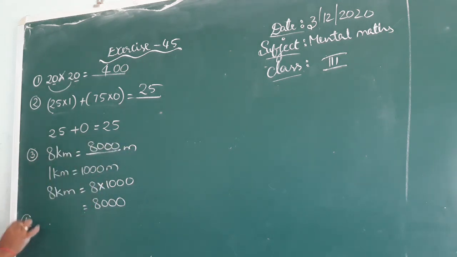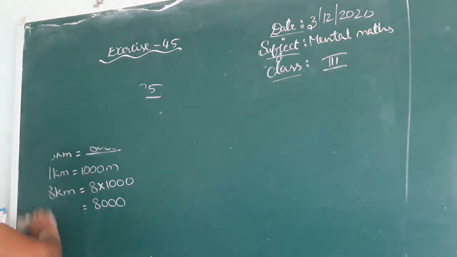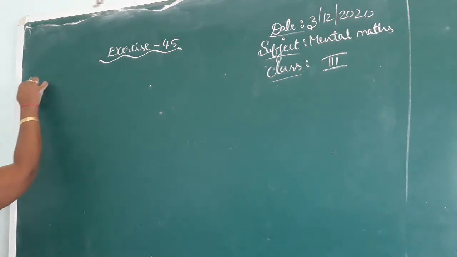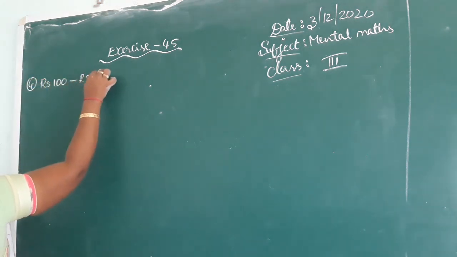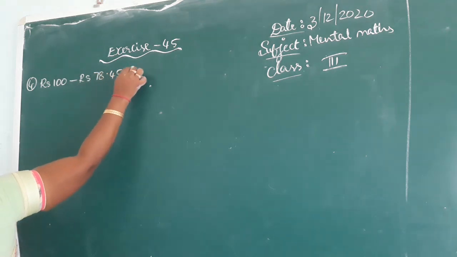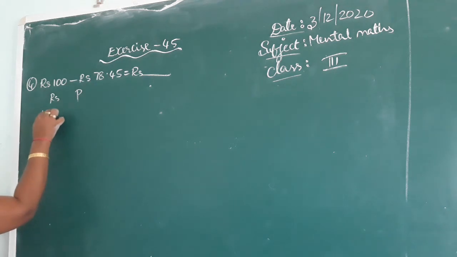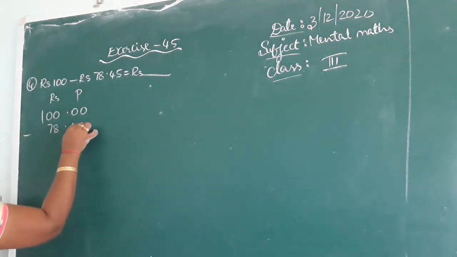Okay. See the fourth one. Rupees 100 minus rupees 78.45 equal to rupees something. So rupees and paise. 100.00 minus 78.45.